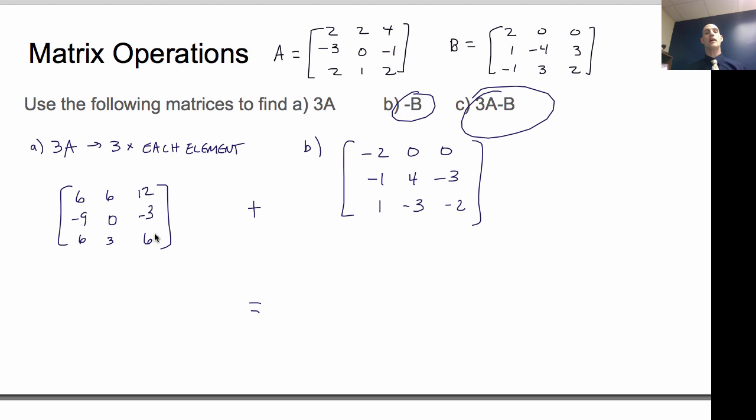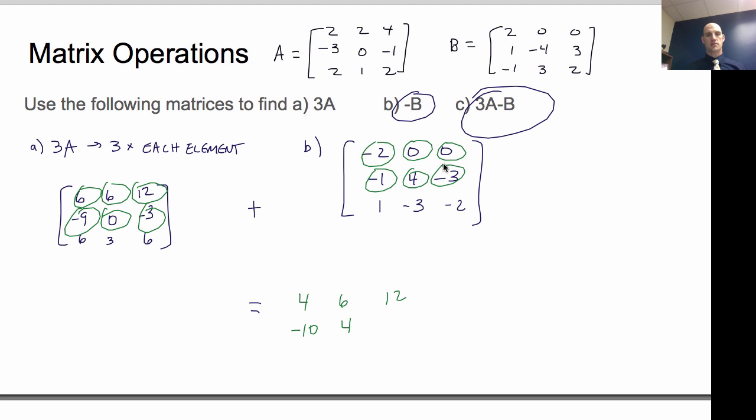When I add these two matrices, because they are the same order, I'm literally going to add this one plus this one. So I'm going to get 4. 6 plus 0 is 6. 12 plus 0 is 12. Negative 9 plus negative 1 is negative 10. 0 plus 4 is 4.